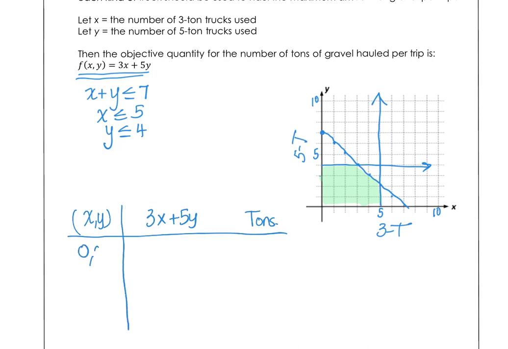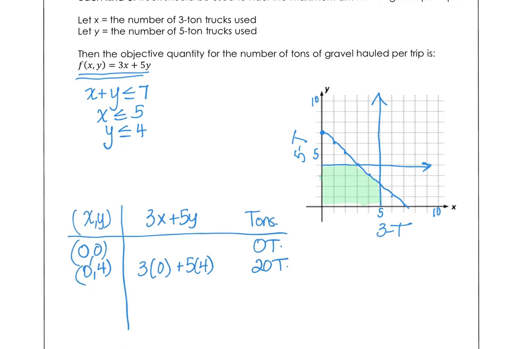So 0, 0, again, is going to produce 0 tons. For 0, 4 in our objective, 3 times 0 plus 5 times 4 is going to give us 20 tons they can haul.